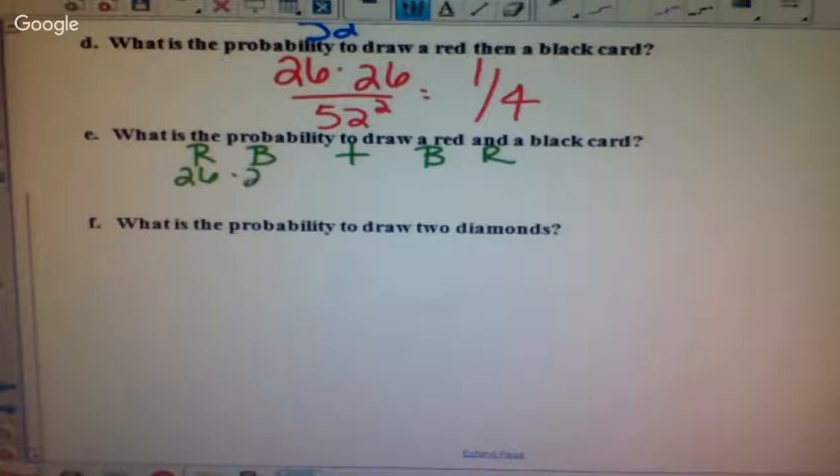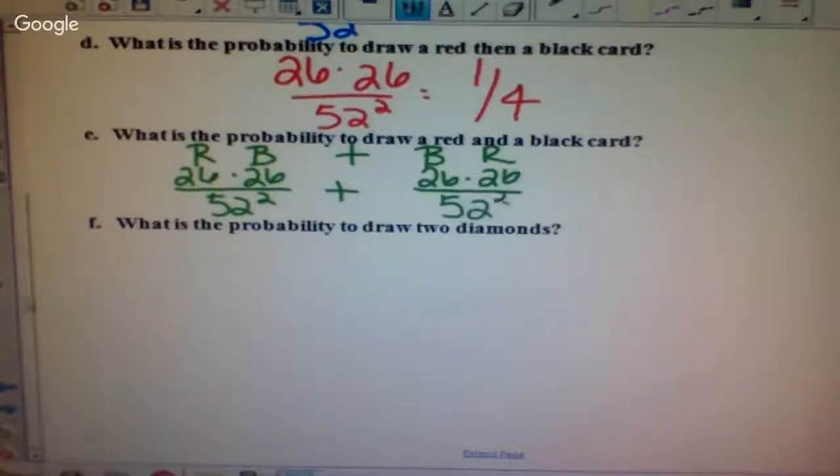26 and 26 out of 52 squared. Or 26 and 26 out of 52 squared. So basically, you're getting twice what this is.